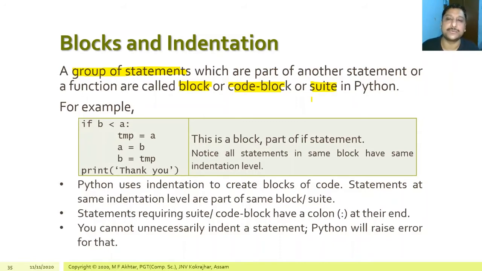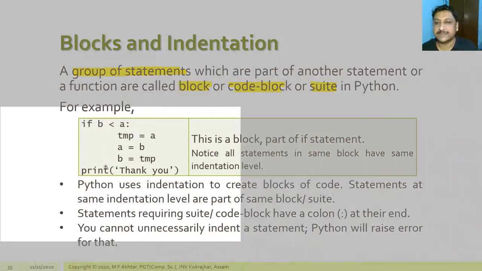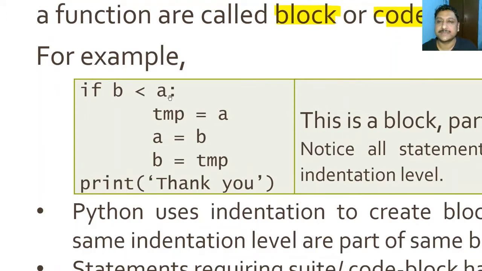It is just a group of statements. For example, see here, if b is less than a, colon is given here, then 3 statements: temp equals a, a equals b, b equals temp. These 3 statements are called a block of statements, because these 3 statements have the same level of indentation.